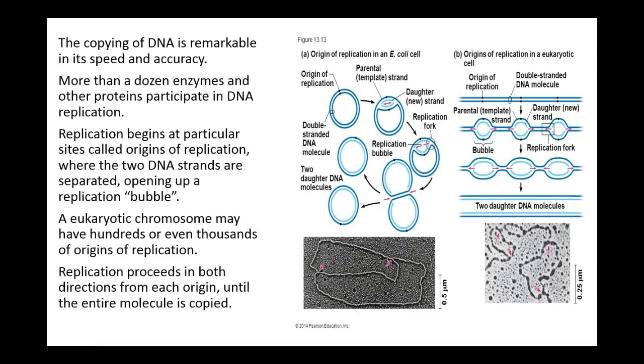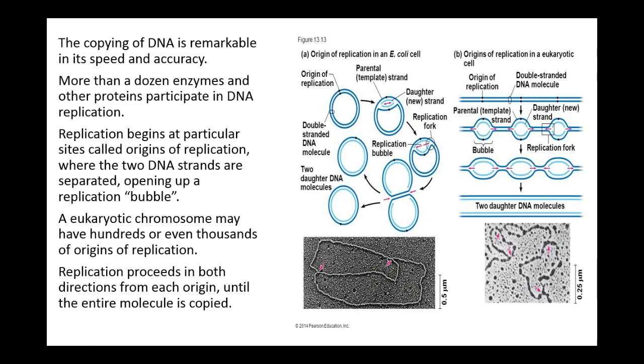There is a certain sequence of nucleotides, and you see just one in the E. coli bacteria, but in eukaryotic cells there are multiple throughout the long line of the chromosome. So the chromosome is replicated very fast because it's not just starting at the beginning and going to the end. It's starting in these various different areas.